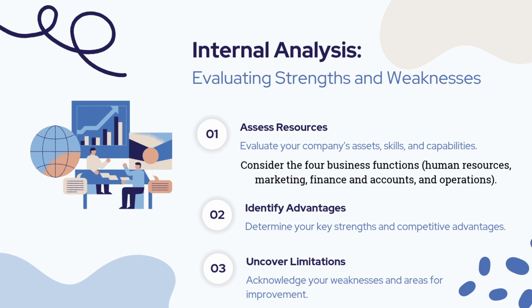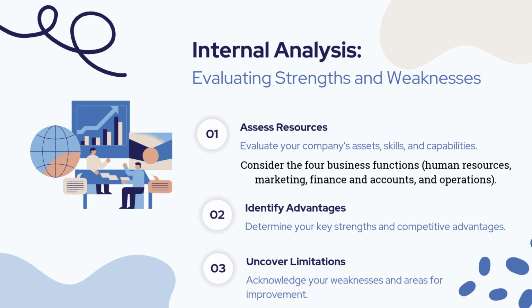If you remember from our first lesson, we talked about the four business functions within the business, which are human resources, marketing, finance, and operation. From these four aspects, you have to analyze them. And within these, you have to identify its advantages and uncover its limitations.